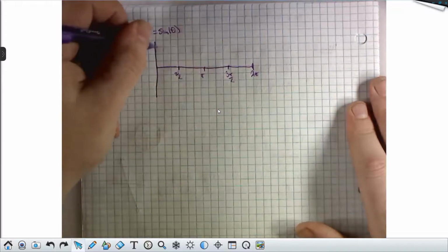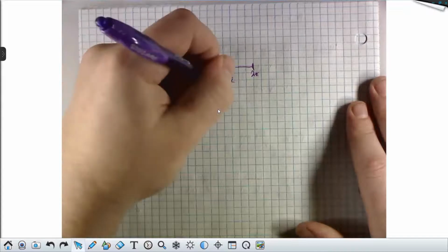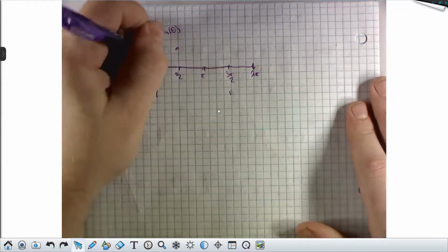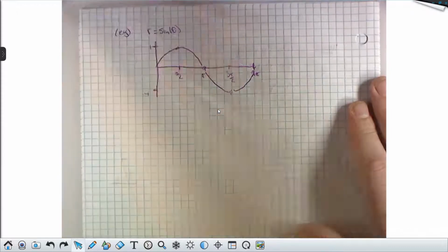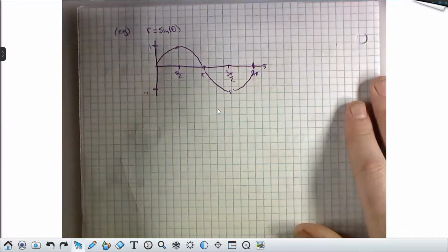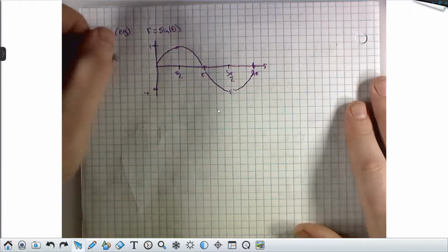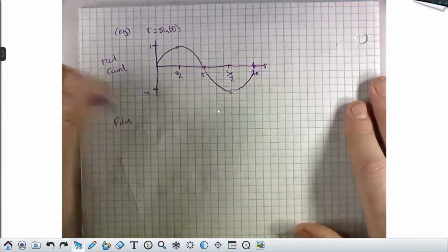Sine theta looks like this from 0 to 2 pi. So this is the rectangular graph and the polar graph.